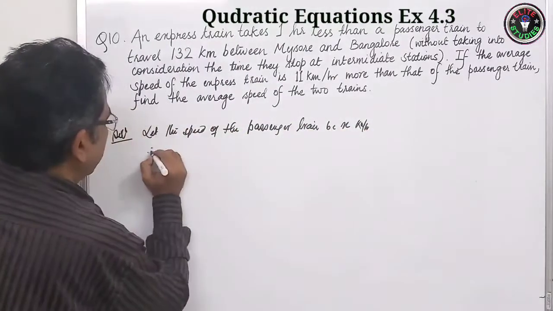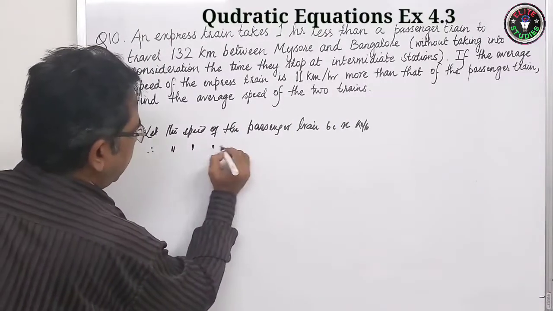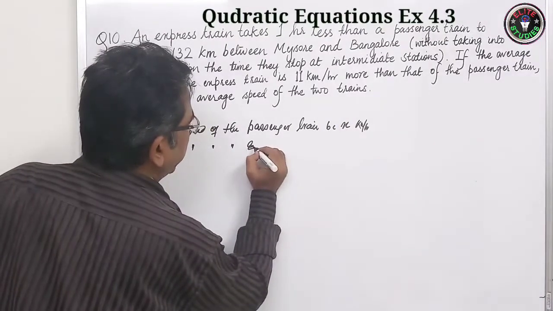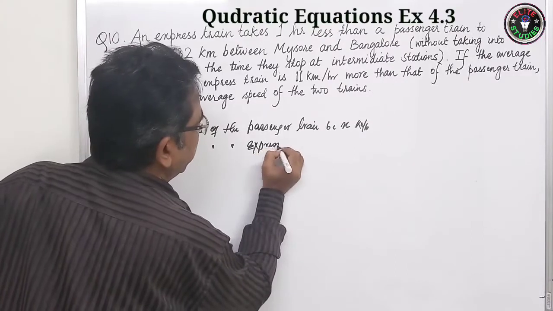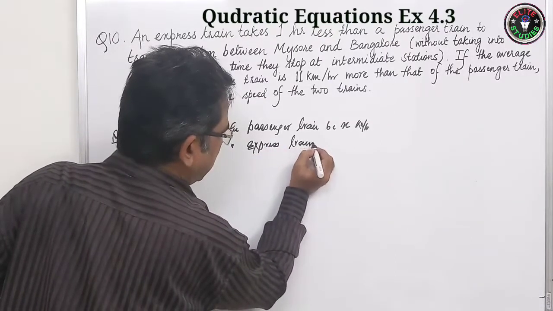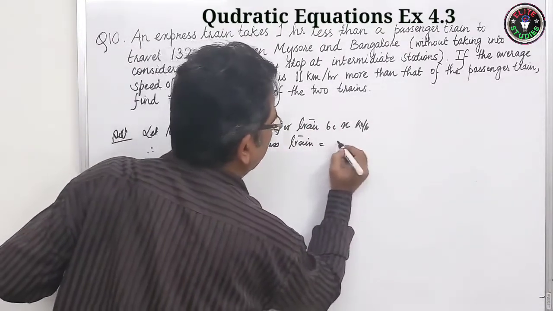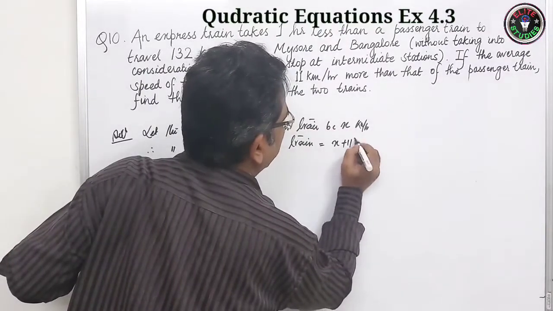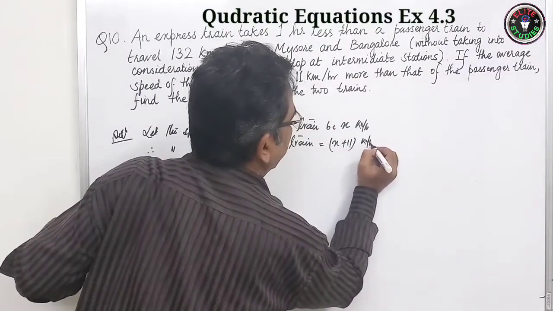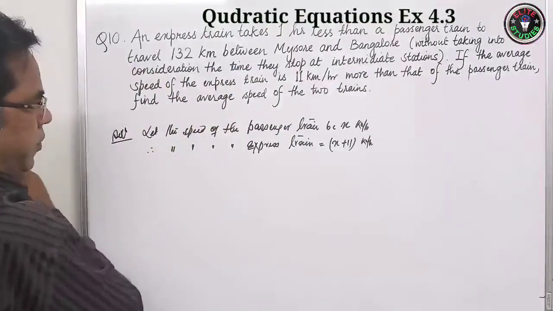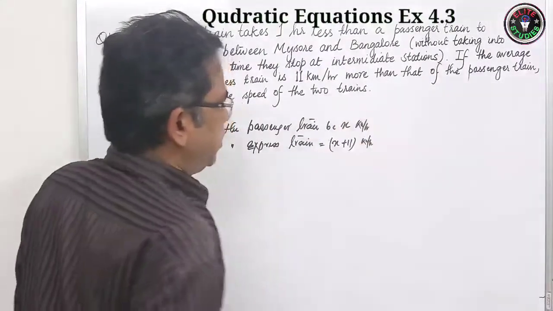Therefore, according to the question, the speed of the express train is x plus 11 km per hour. Right? Now the first step in the problem is over.